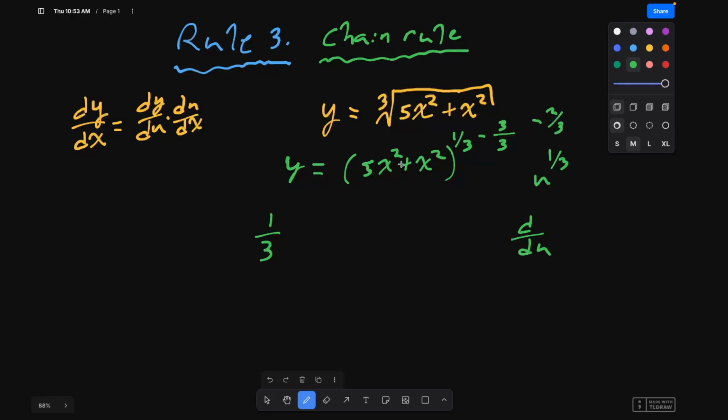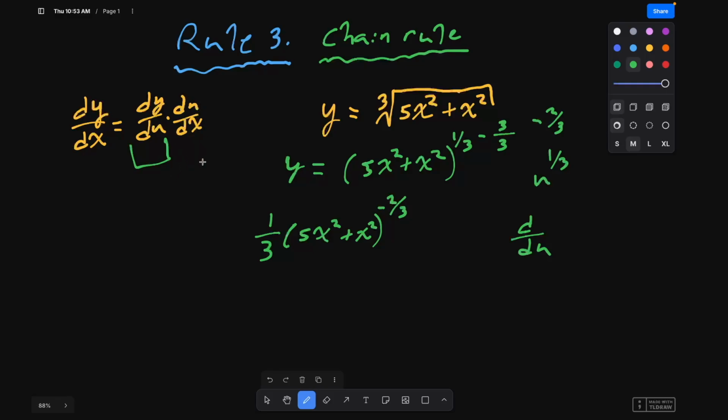So we come back here. We didn't touch the inside bit, so that's still 5x squared plus x squared to the negative 2/3. That again is our dy du portion of the problem, of the chain rule.